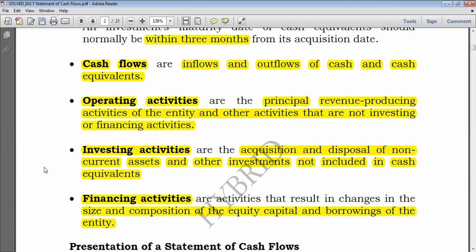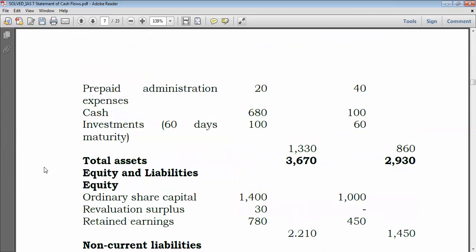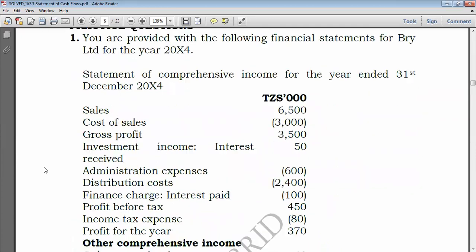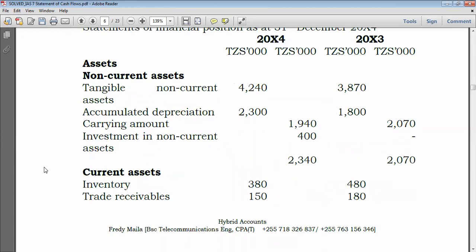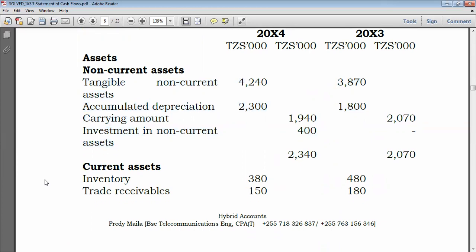Anyway, I could just go and show you the example here. Just before doing anything, I just need you to understand what we are doing. This is the question, and this is the financial position. So tangible non-current assets up to investment in non-current assets will give you the investing activities, cash from investing activities.